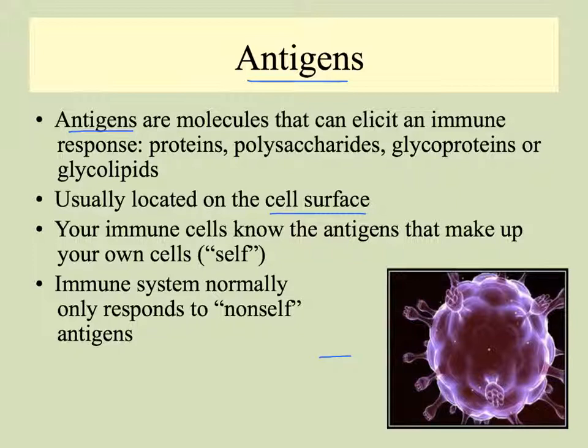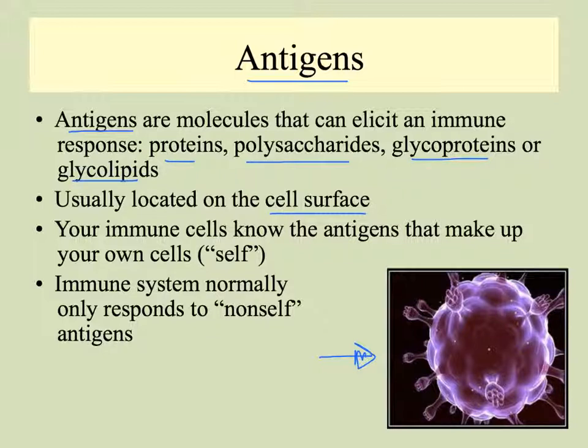So a little picture down here gives you an artist's idea of what the antigens look like, sticking out from the cell surface. They can be some type of protein or a polysaccharide, a carbohydrate, or a glycoprotein, which is a carbohydrate plus a protein, or a glycolipid, which would be a carbohydrate plus a lipid.